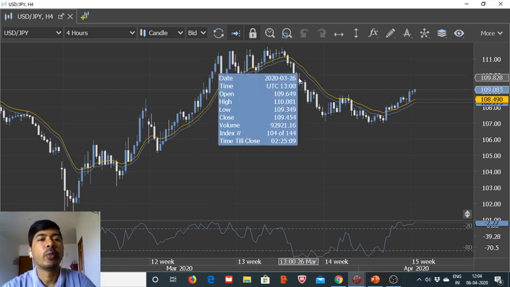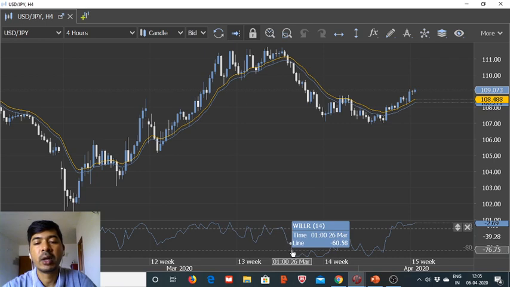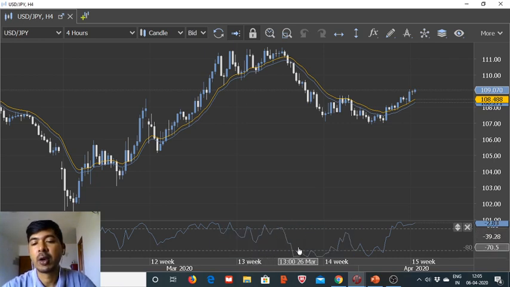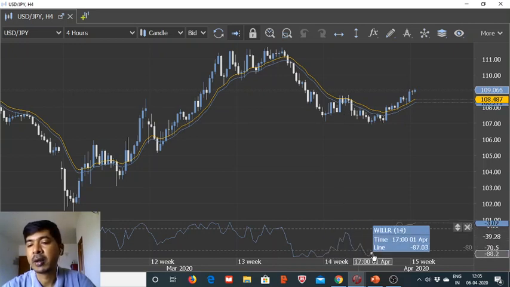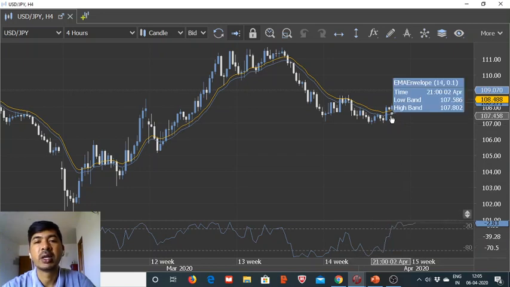So to make sure that is the case, we are bringing in the Williams R, and here we will want certain conditions. If we are looking for a buy trade, then we will want the Williams R to have been in oversold territory for a considerable amount of time, and only after that this fresh trend is happening.